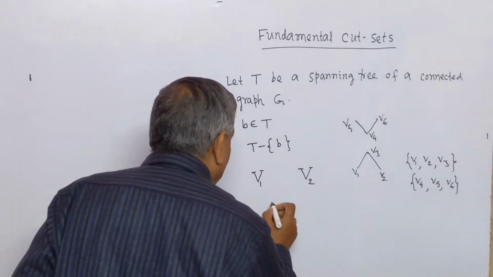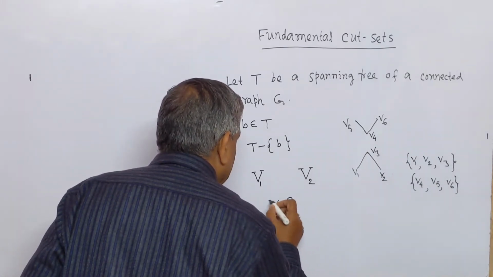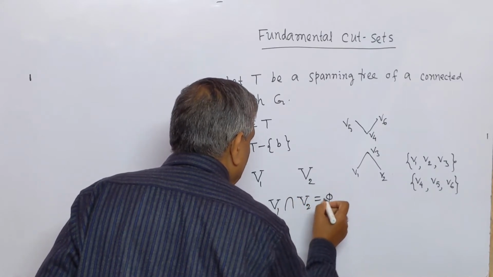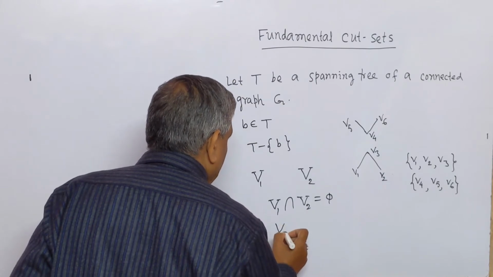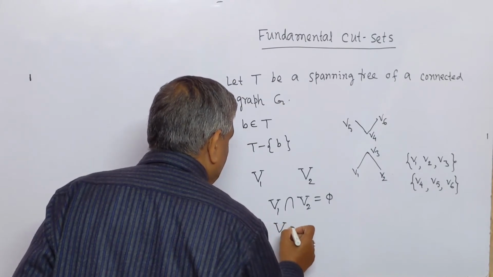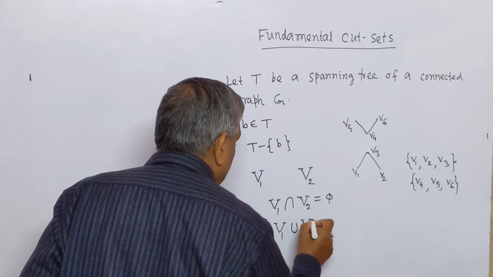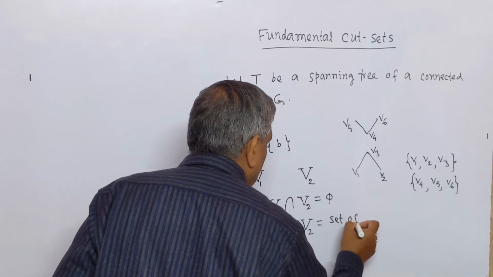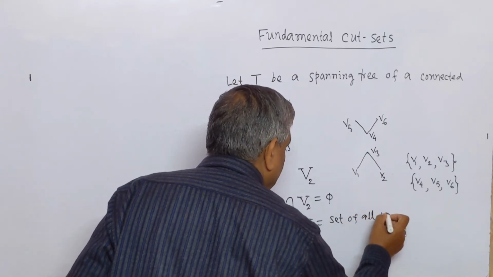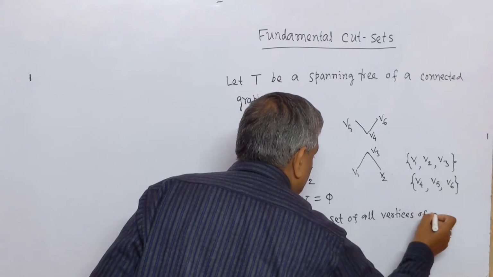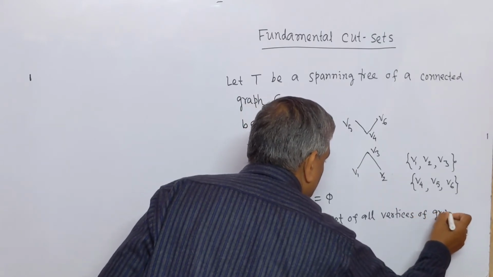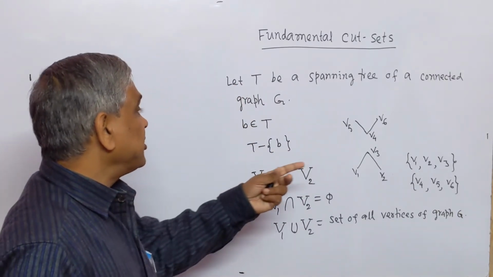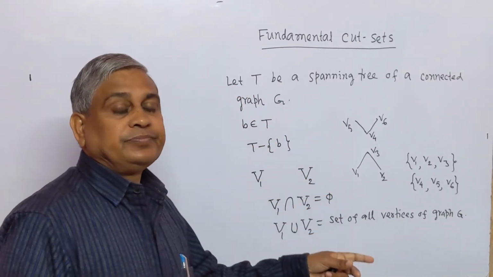And this V1 intersect V2 equal to phi, and V1 union V2 equal to set of all vertices of graph G. That is set of all vertices of the spanning tree T.